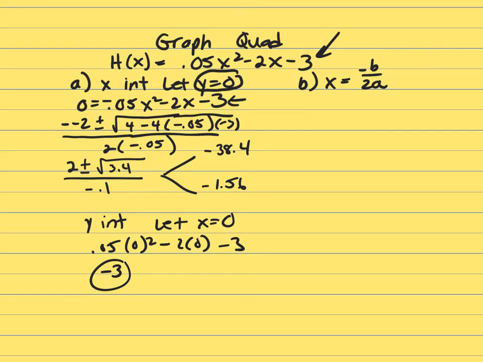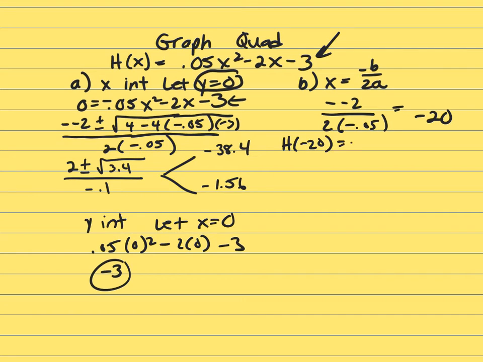And your vertex is part b, and that's negative b over 2a. So that's going to be the negative of negative 2 over 2 times a, which is negative 0.05. And that ends up giving you negative 20. So that's the x value of your vertex. Your y value would be h of negative 20.